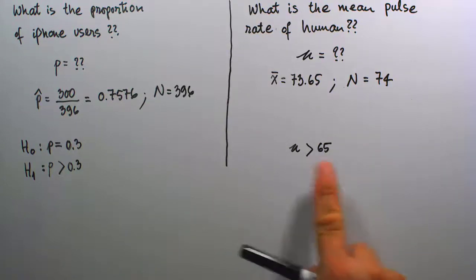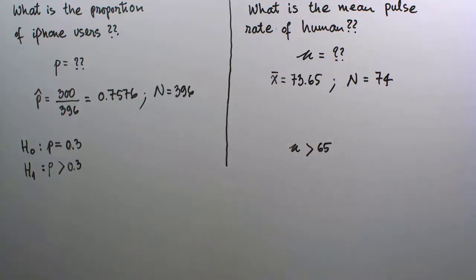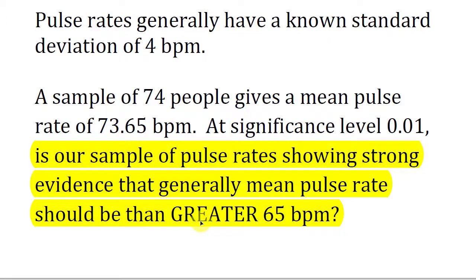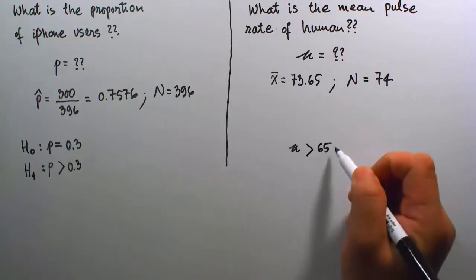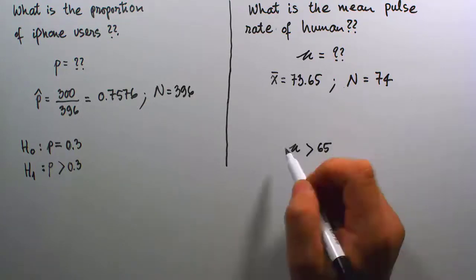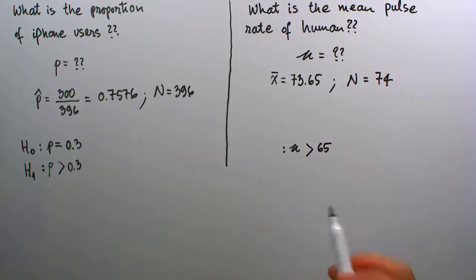Isn't it obvious how this inequality comes right out from the wording, being greater than? You can see that the wording here is purposely capitalized like this, greater than 65 beats per minute. Think about the logic again, similar to the logic I made about the alternative hypothesis for the population proportion.